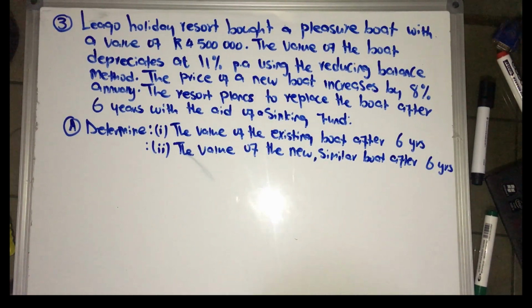All right. So the first question is determine the value of the existing boat after 6 years, and also determine the value of the new similar boat after 6 years. Okay, so understanding this, the resort buys a boat for 4.5 million rands.